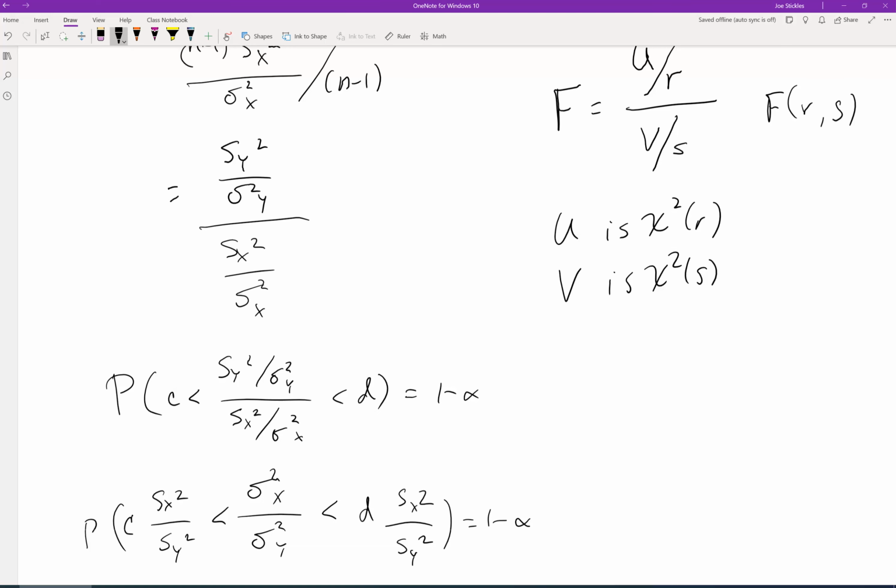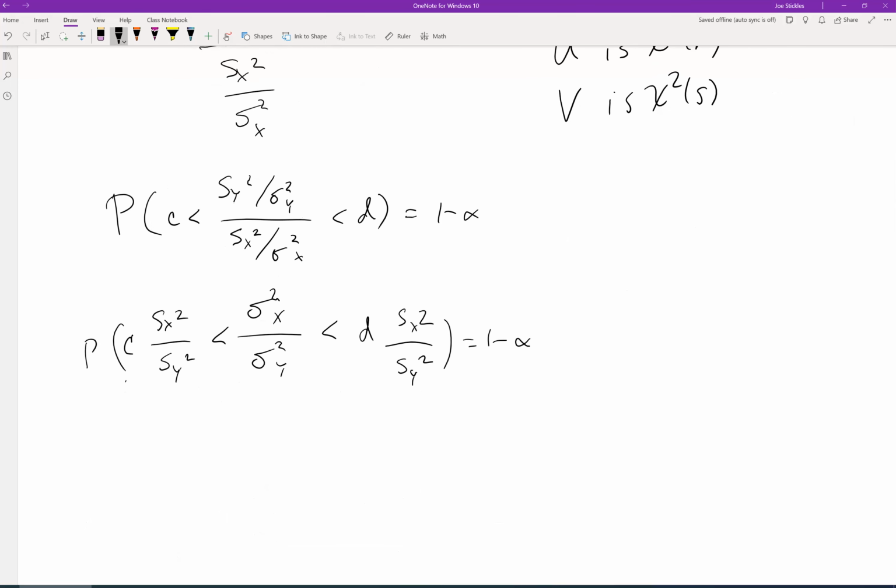Okay. So this c value and this d value, just as for the c and the d, this is going to be your 1 minus alpha over 2 percentile for m minus 1, n minus 1 degrees of freedom.